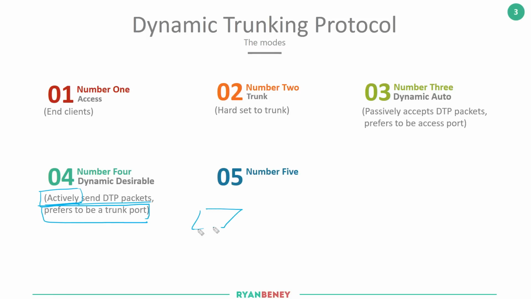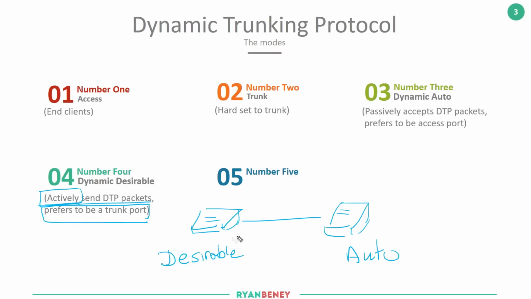So again, if we had our 2 switches and we had a cable between these 2 switches, one side was set up as auto, the other side was set up as desirable. When the DTP packets are sent from this side, the auto switch will accept it and they will agree to become a trunk.